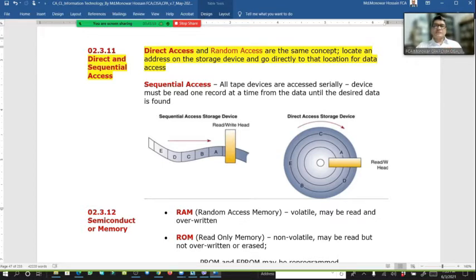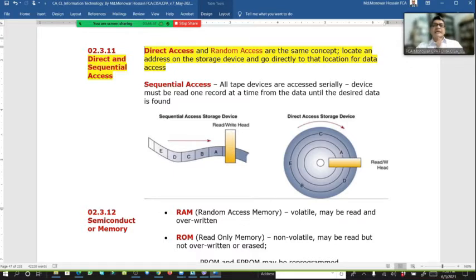For example, we are using Google storage. If you know the storage, just input the address and go to the storage. So it is direct access, and from that data you can download it, save it, keep it, and also upload it.